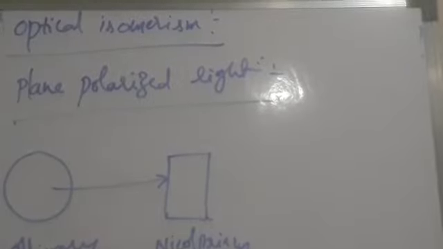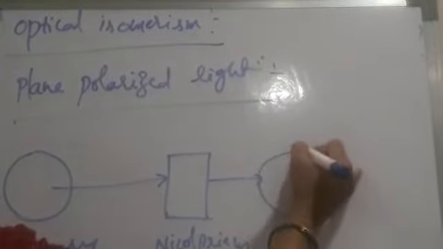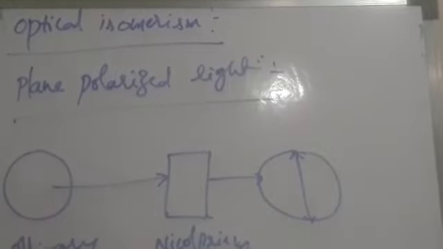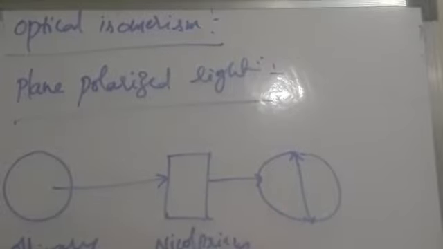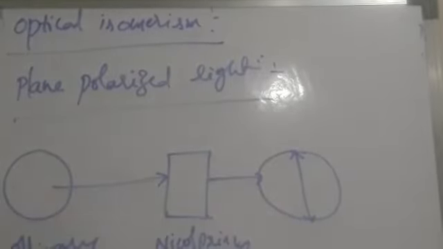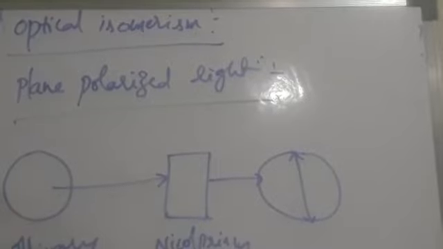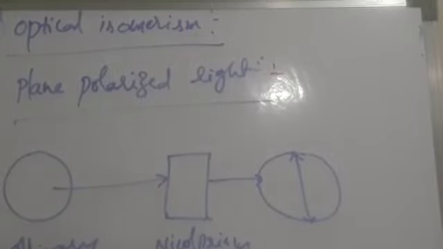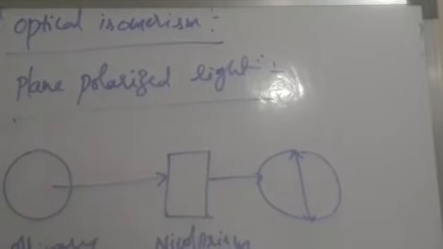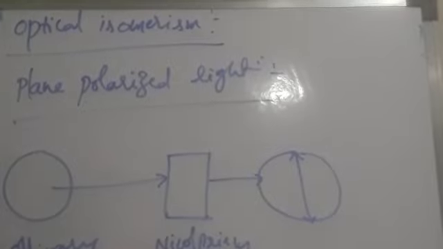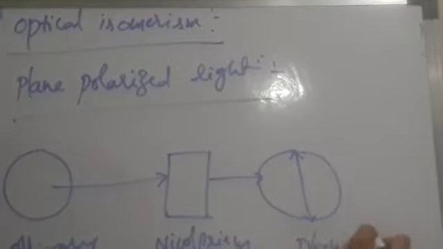Okay, so it is passed through nicol prism, and we get plane polarized light where it vibrates in a single plane.